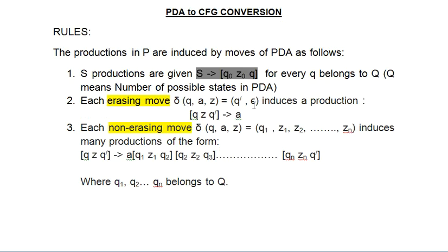Now in this first part I will let you know how to convert a PDA to a CFG. You will be given a particular PDA with the transition functions. You have to convert those transition functions to individual productions, that is your CFG. There are three defined rules for this.